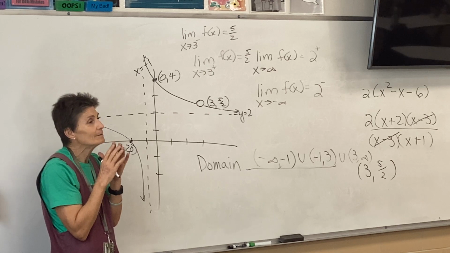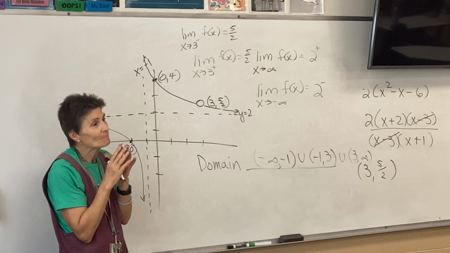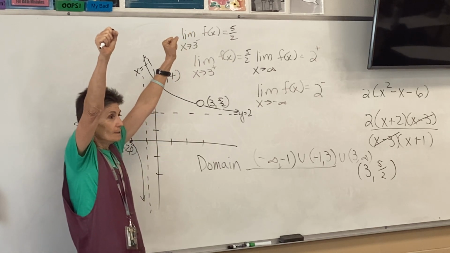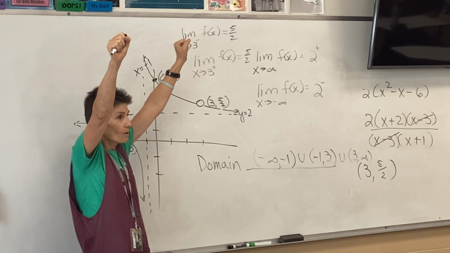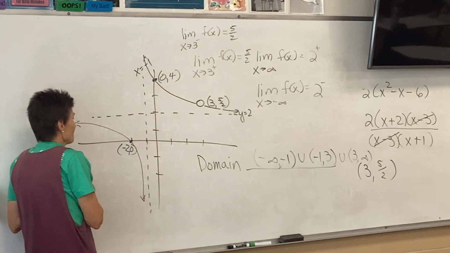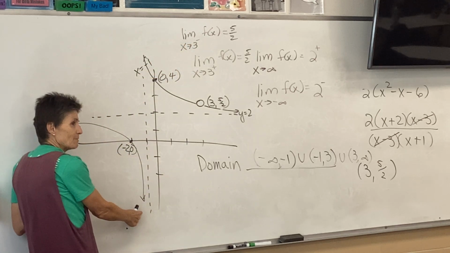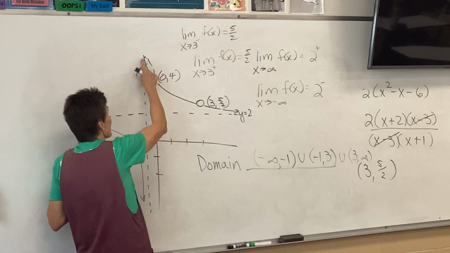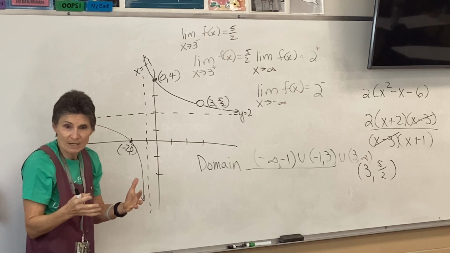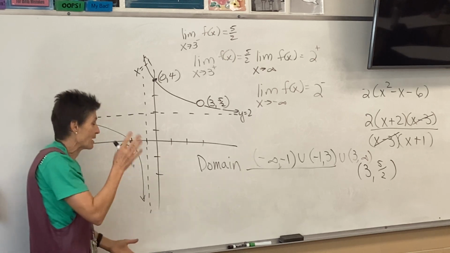Negative infinity to 2, and then 2 to 2.5, and then 2.5 to infinity. You are the winner. Julia says, look, this arrow goes down, down, down, down. That one goes up, up, up, up. So in the beginning, I might think my range is all real numbers because I'm going all the way down, all the way up.